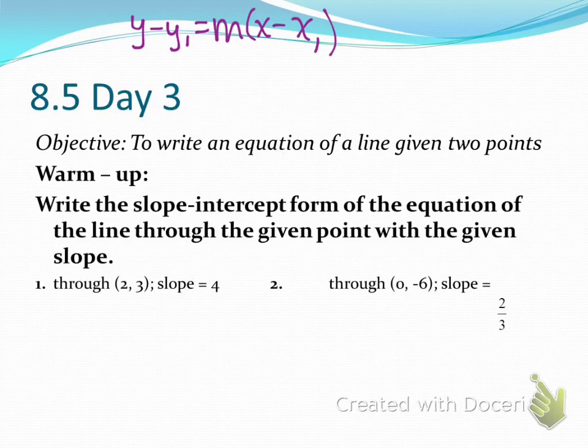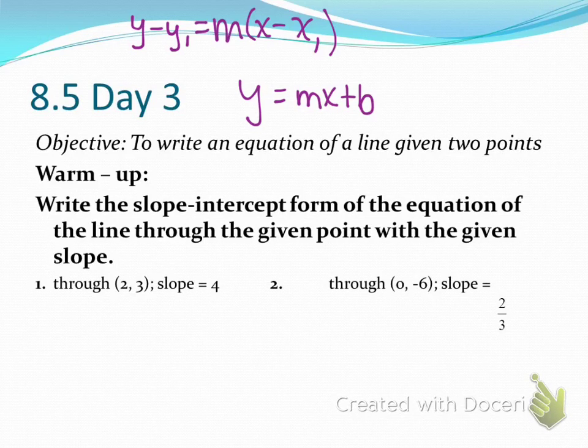That's what we started out in. And then we changed it to be slope-intercept, which was y equals mx plus b. So that's what we're going to do on these warm-ups. First, we're going to put it into point-slope form. Then we're going to change it to slope-intercept form.